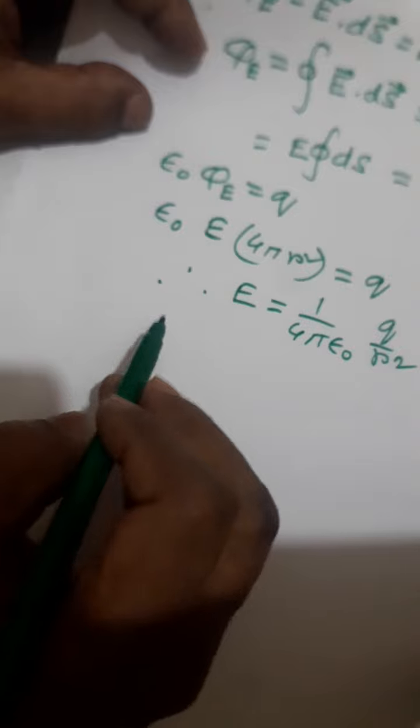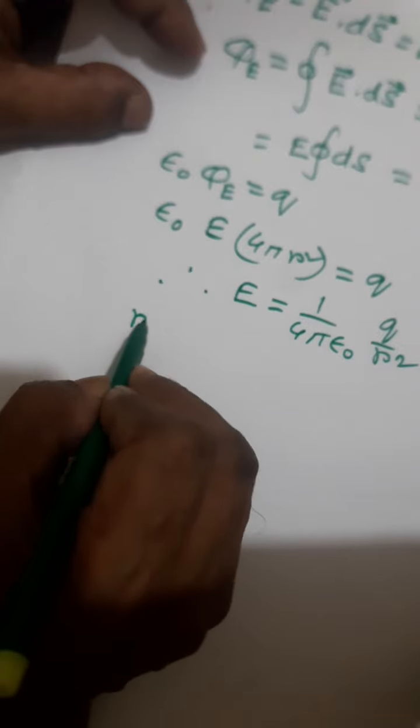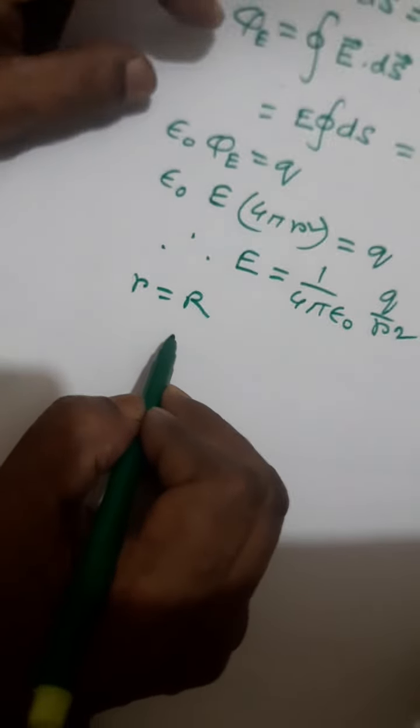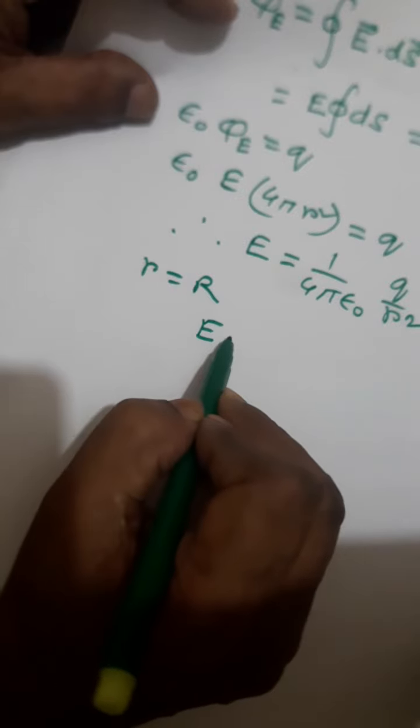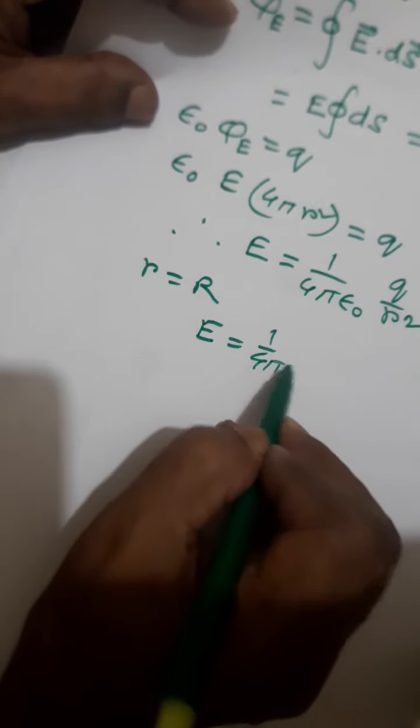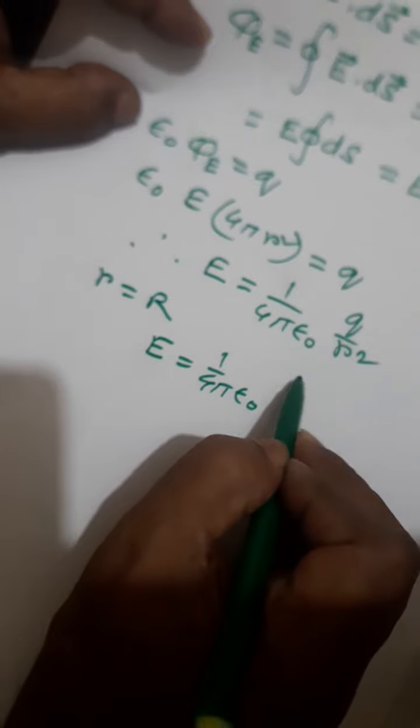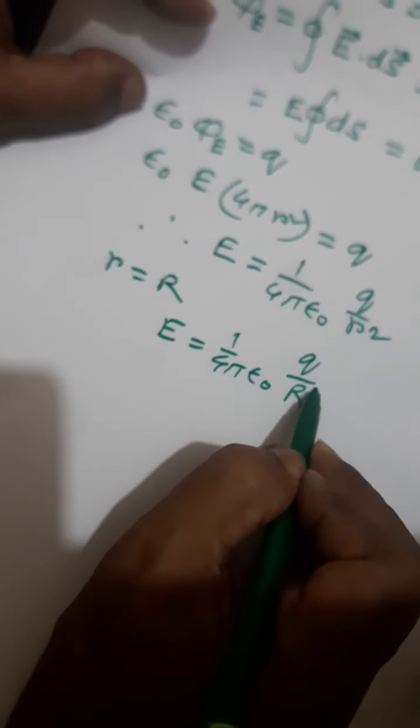On the surface of the spherical shell, small r equals capital R, so the electric field E equals 1 upon 4 pi epsilon naught Q by capital R square.